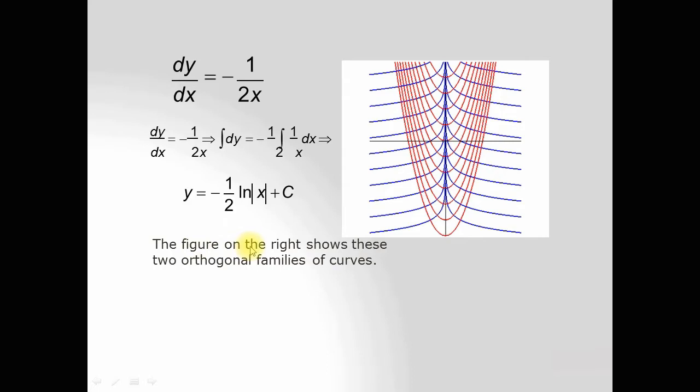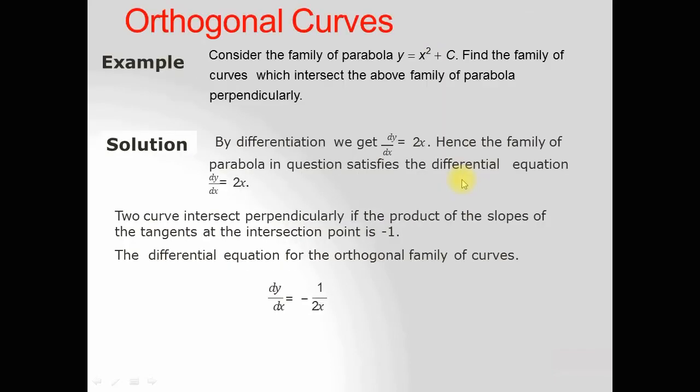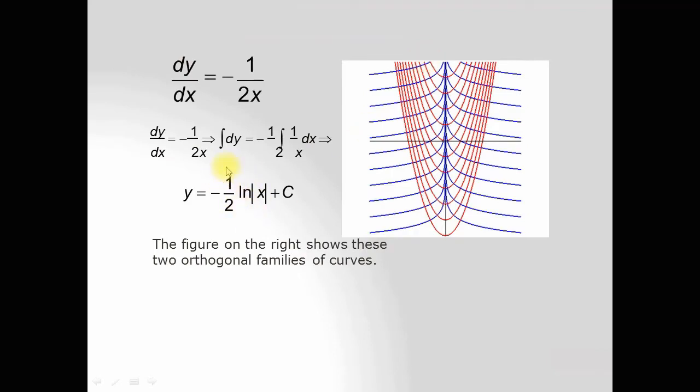Now the figure on the right shows these two orthogonal families of curves. The red color represents the given curves, because this is the given equation of curves. The required equation which we found here represents the blue curves.